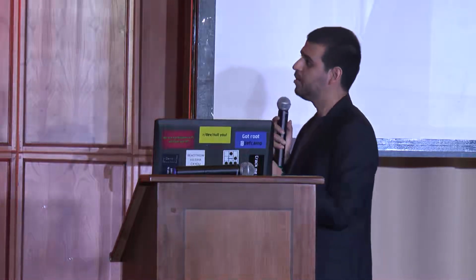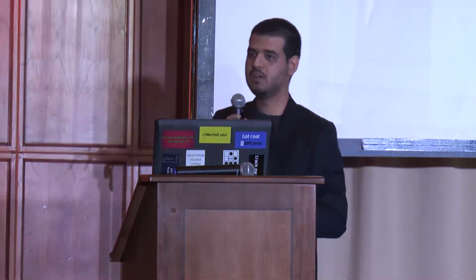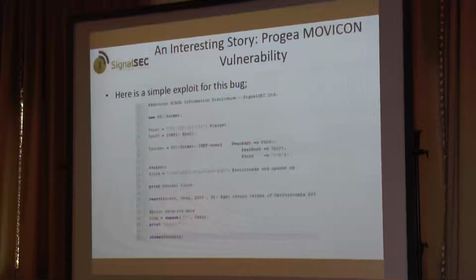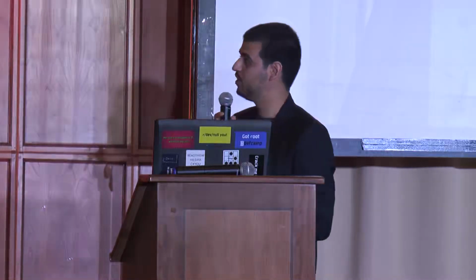So this is a bug right now, but we must exploit it. Here is a simple exploit for this bug, just sending a few bytes, and then we get the return values of the GetVersionEx API. Here is when we run it and call opcode 25.